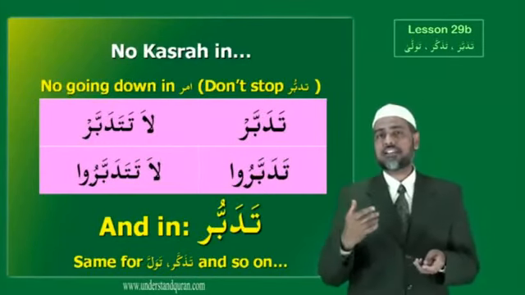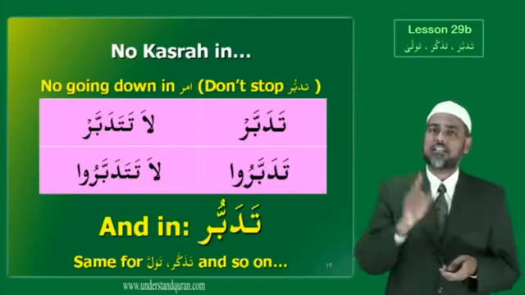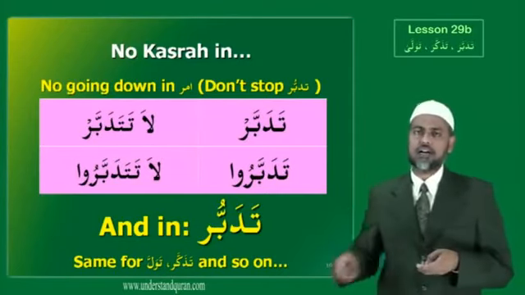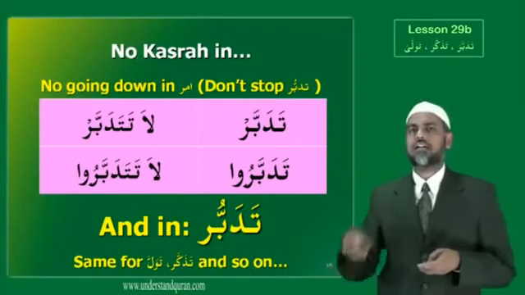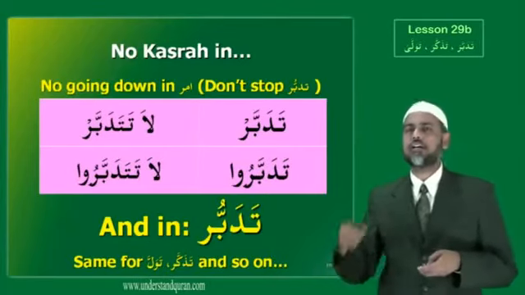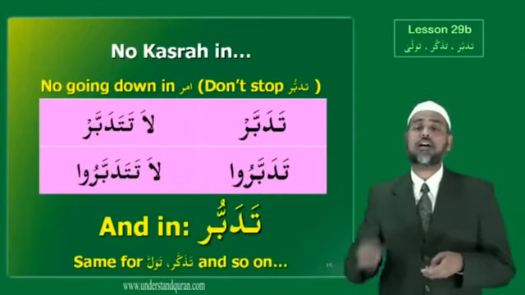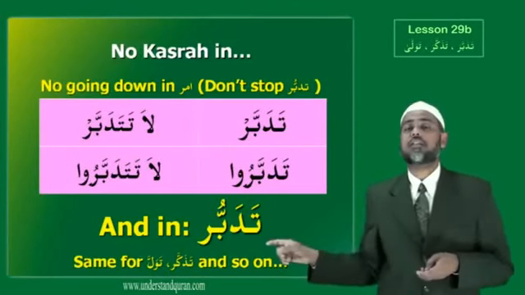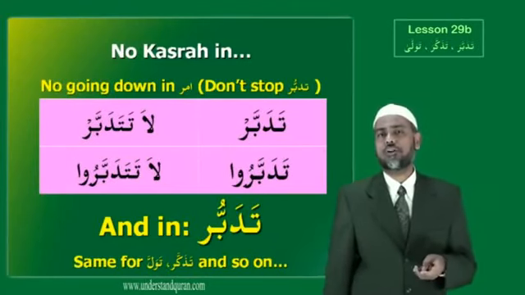Whereas the ones we studied previously, we had kasra there. For example, sabbaha, sabbih, jahada, jahid, aslama, aslim. But tadabbara is tadabbar, and tadhakkara is tadhakkar, and so on.